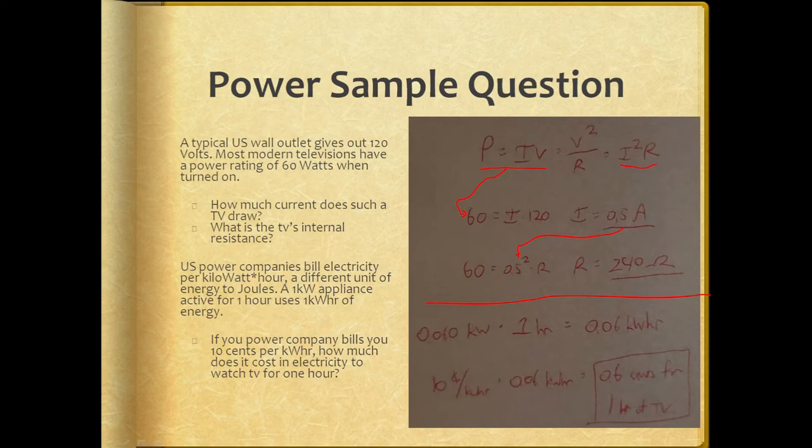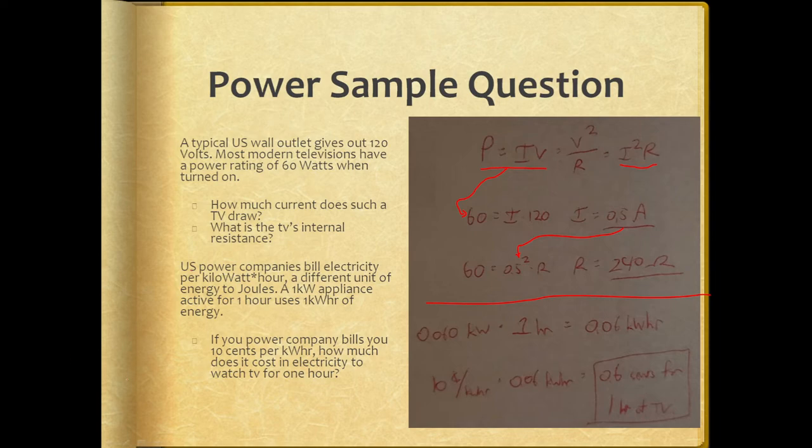In the United States, your energy bills are in terms of a number of cents. They charge you a number of cents per kilowatt hour of energy that your house uses. Kilowatt hour is a new unit. We haven't used it before, but it is a unit of energy.